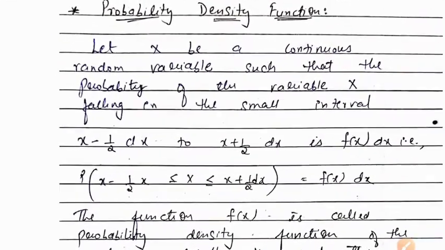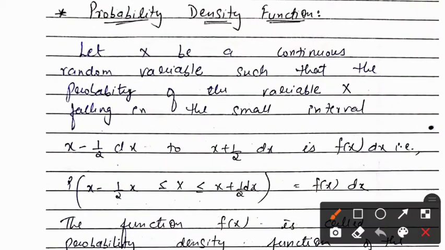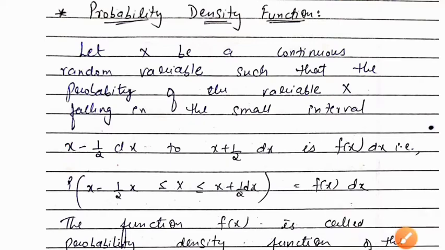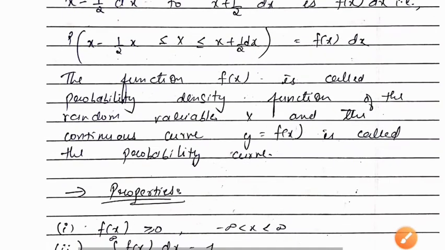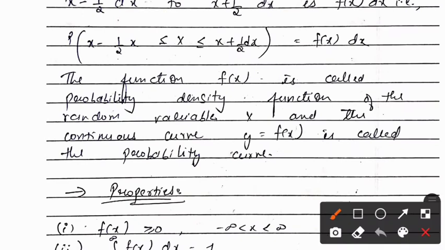Next is probability density function. If x is a continuous random variable such that the probability of variable x falling in the small interval x minus 1/2 dx to x plus 1/2 dx is f(x) dx, that is, P(x - 1/2 dx ≤ x ≤ x + 1/2 dx) = f(x) dx.